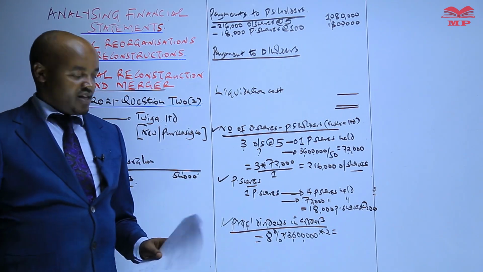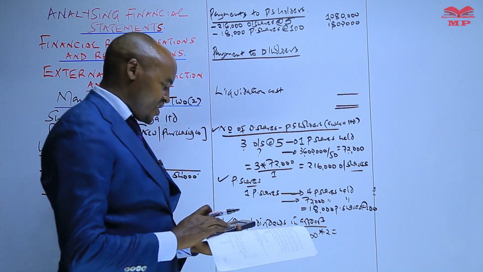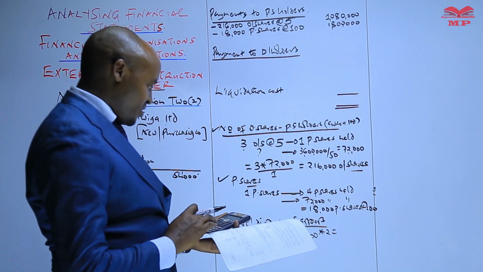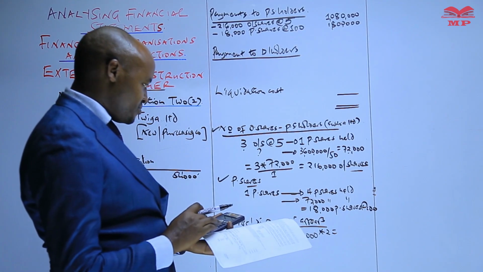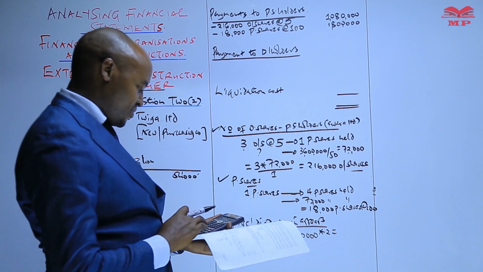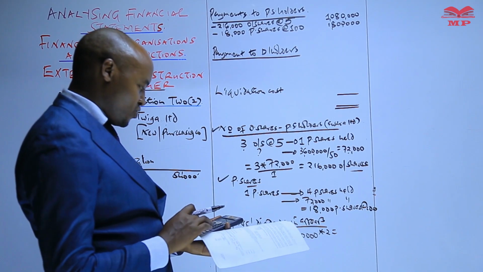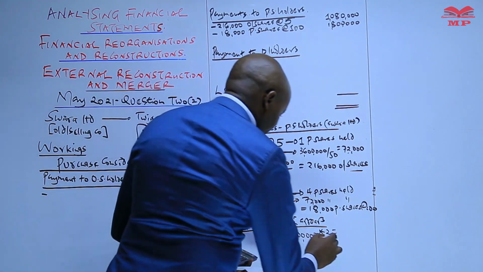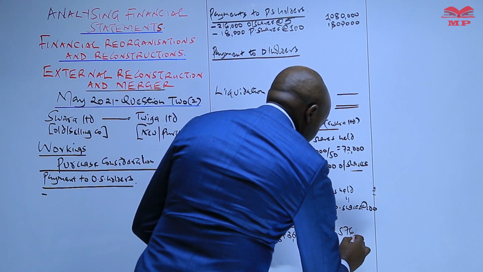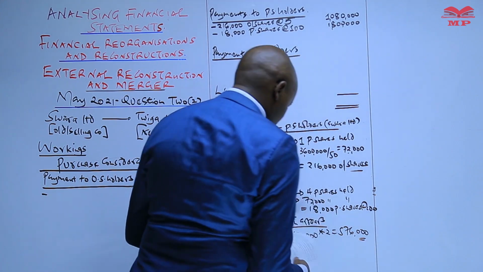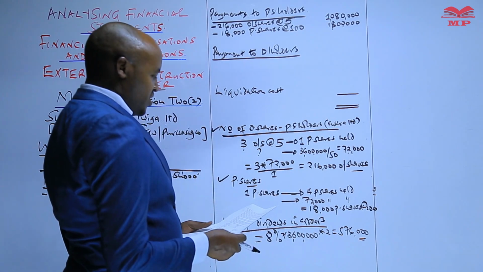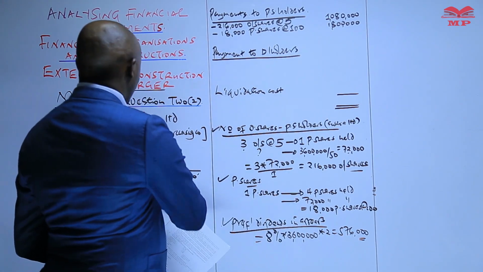That will give us the preference dividends in arrears for 2 years. So we have 3.6 times 8%, times 2, which will give us 576.